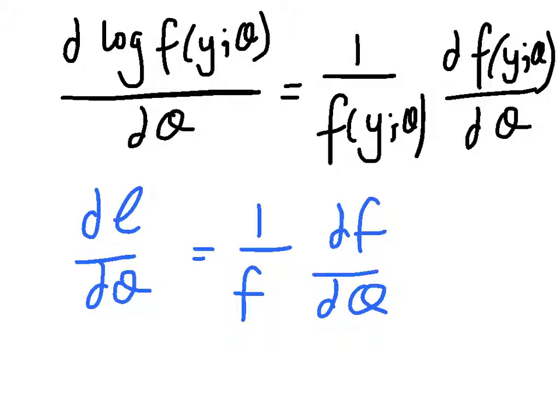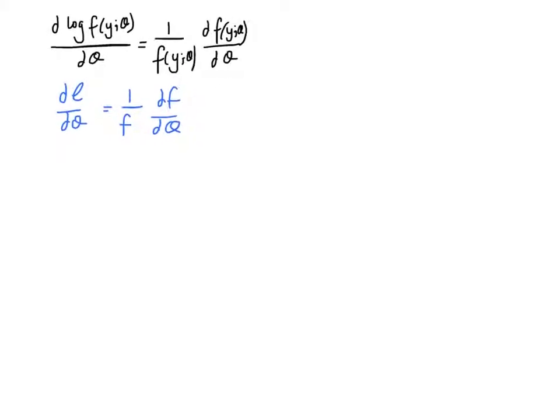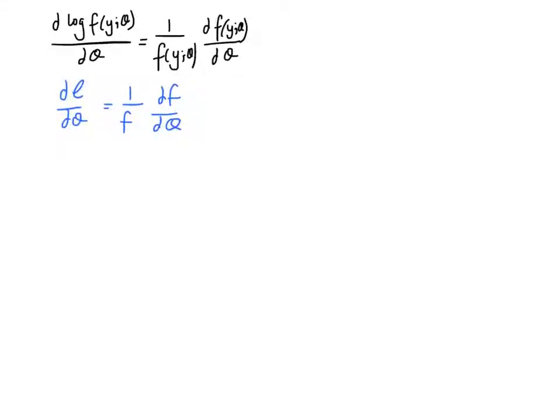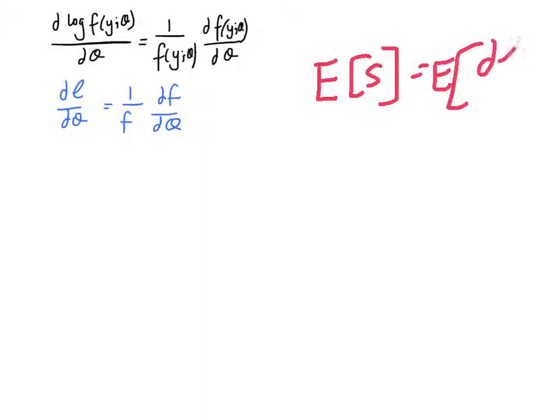So we have the score equation dL d theta, we have another way of expressing the score equation, and we want to find the expectation. Expectation is all about finding the integral of some function of a random variable multiplied by its density, integrated over the range that applies. So if I want to find the expected value of S, I'm trying to find the expected value of dL d theta.